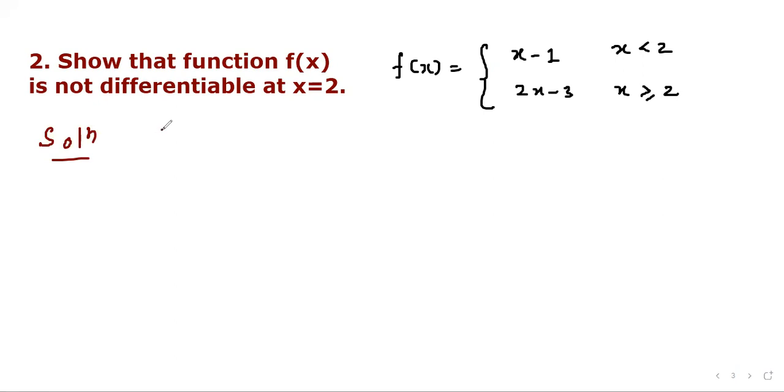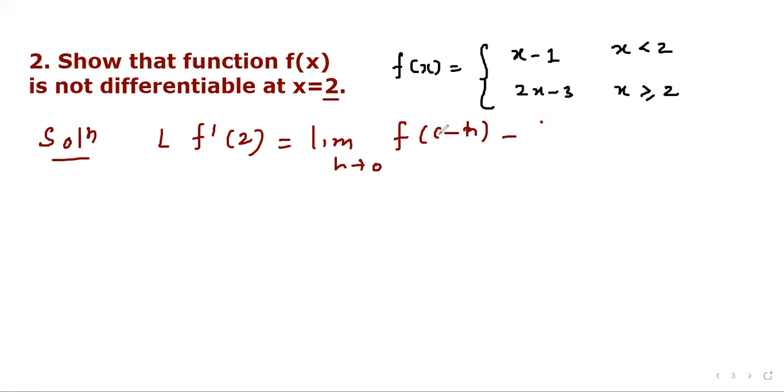Left hand derivative L f dash c. Here c is 2. So it will be limit h tends to 0 of f(2 minus h) minus f(2) divided by minus h. So in place of x, we have to write 2 minus h.